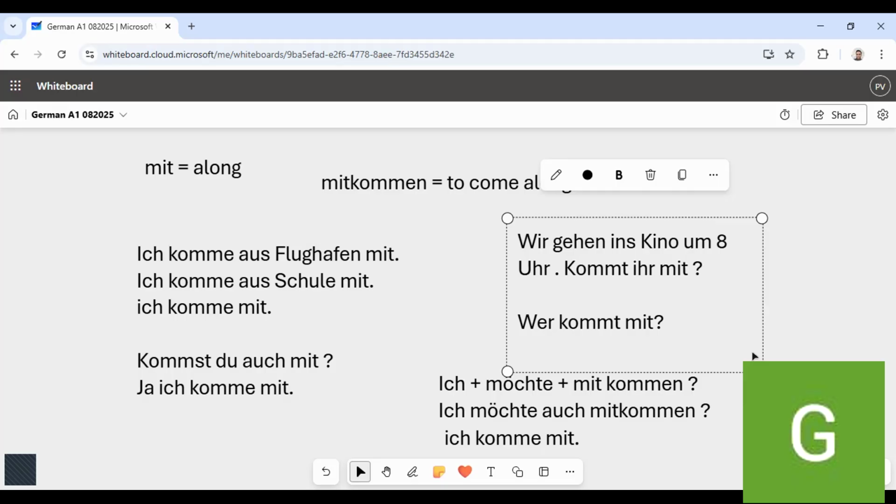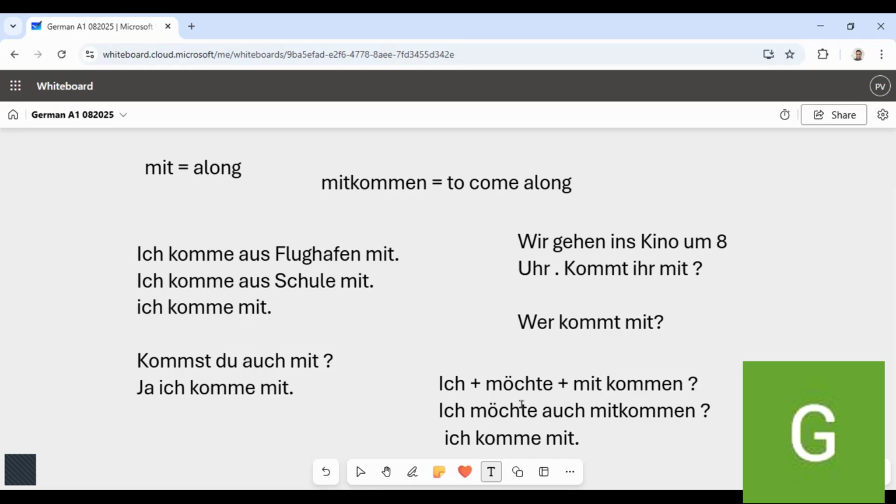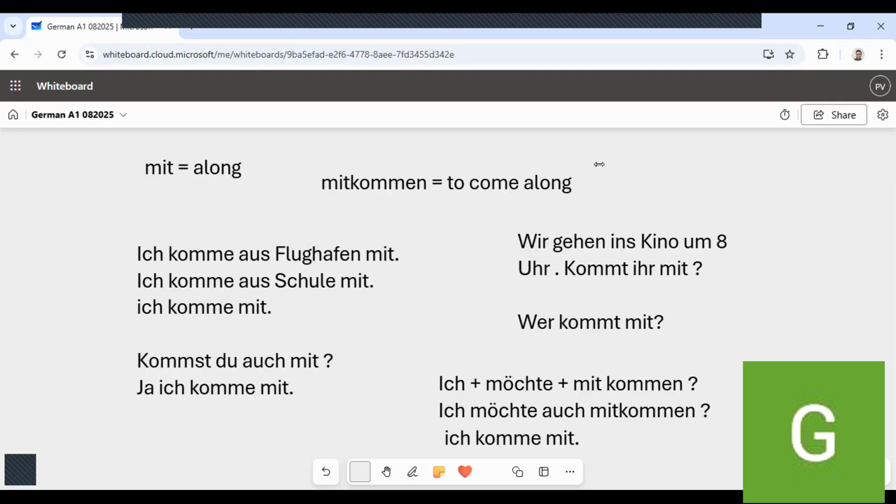But there is no verb like this. I have told you mit means along and mitkommen means to come along, but we cannot put mit with any other verb. It doesn't happen. There is a list of Trennbar verbs. You need to follow that list. You cannot say ich gehe auch mit. There is not a verb like this. Mitgehen is not a verb.